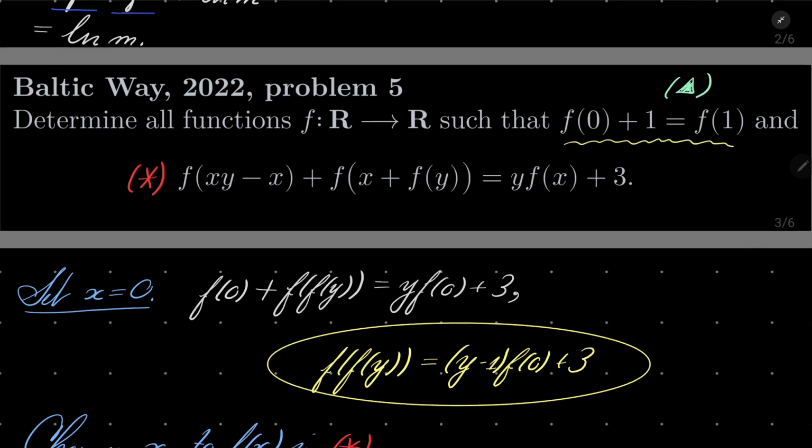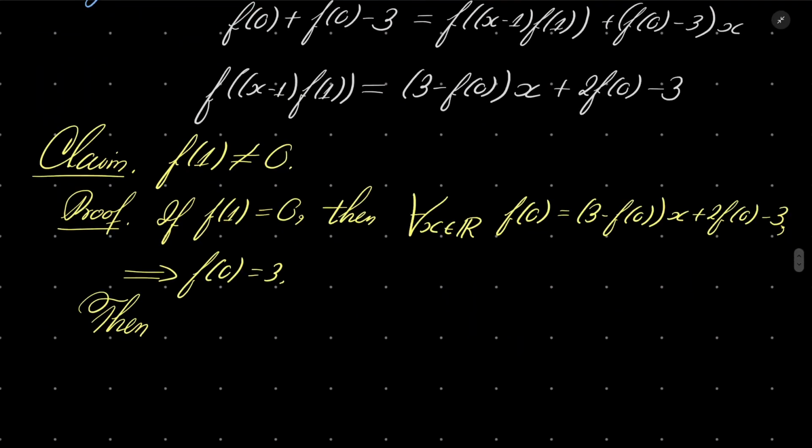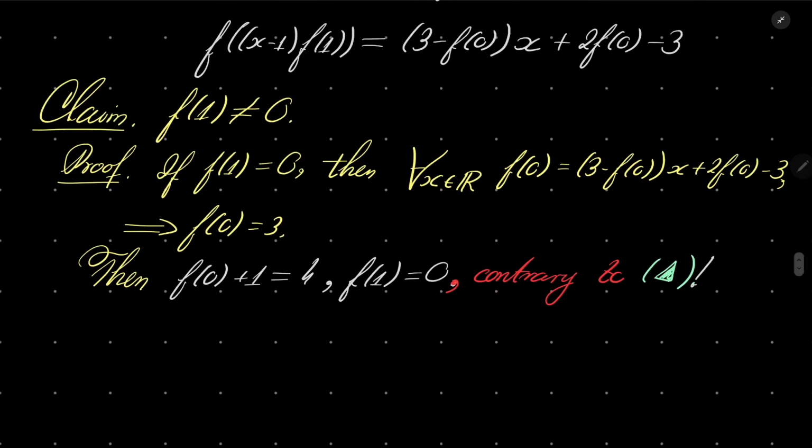Then f of 0 plus 1 equals 4, and f of 1 equals 0, which is contrary to our condition, triangle. So it cannot be. So that closes the proof of my claim.